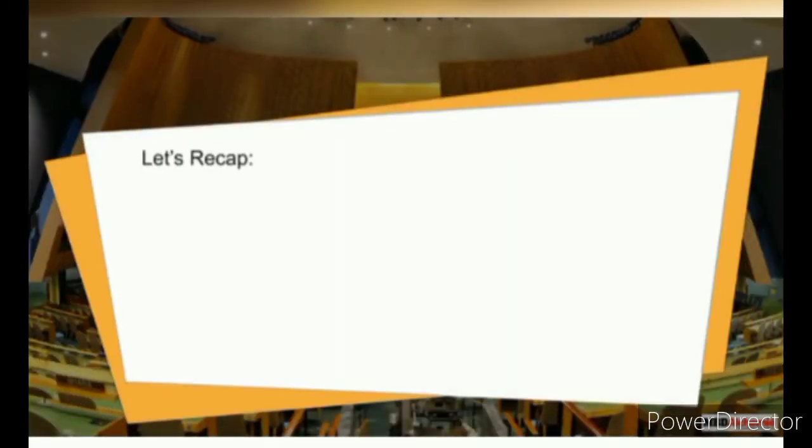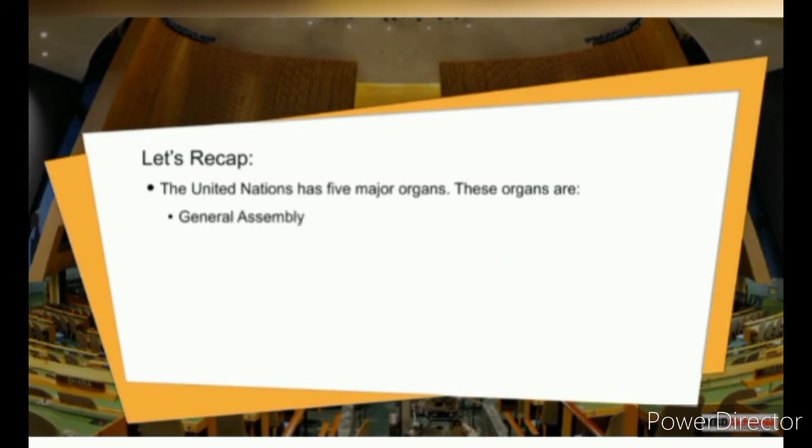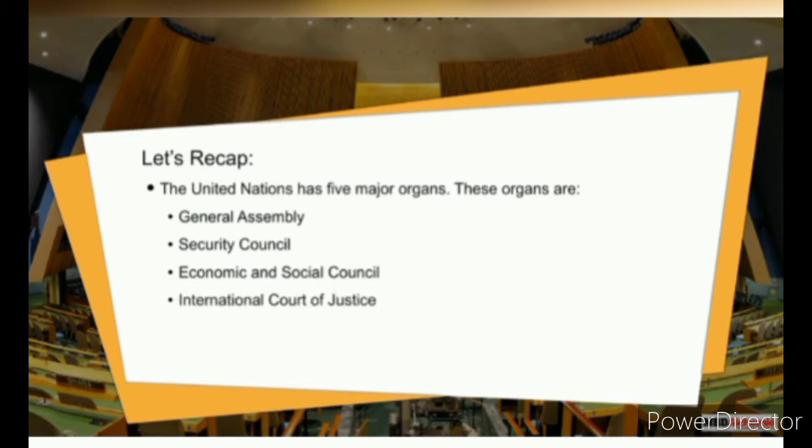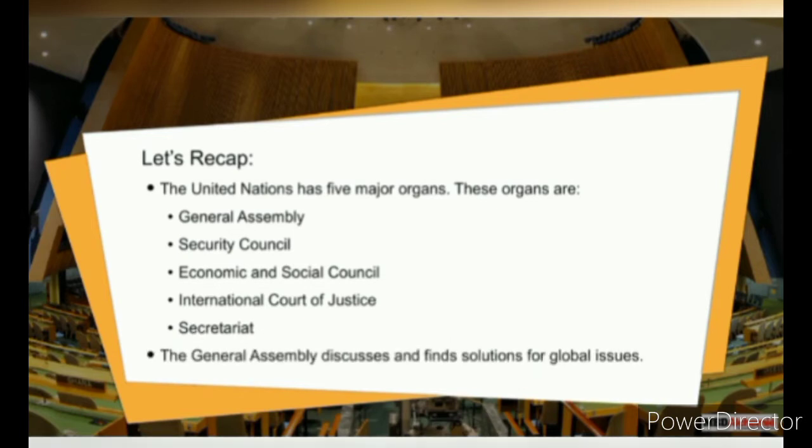Let's recap. The United Nations has 5 major organs. These organs are General Assembly, Security Council, Economic and Social Council, International Court of Justice, Secretariat. The General Assembly discusses and finds solution for global issues.